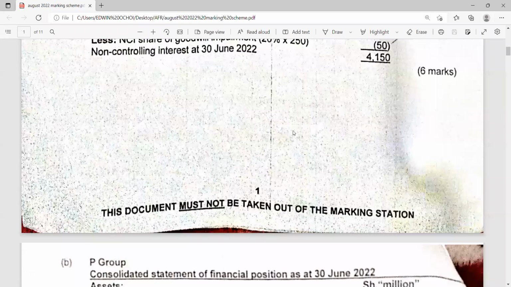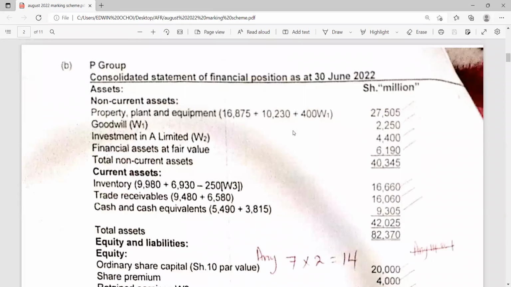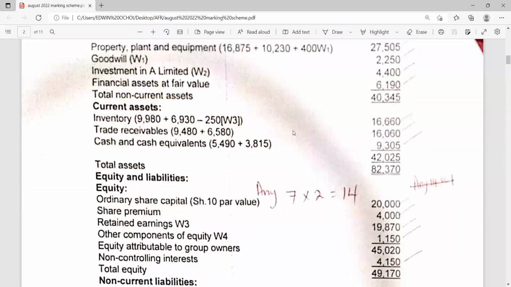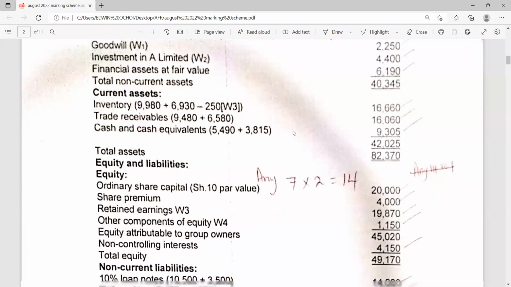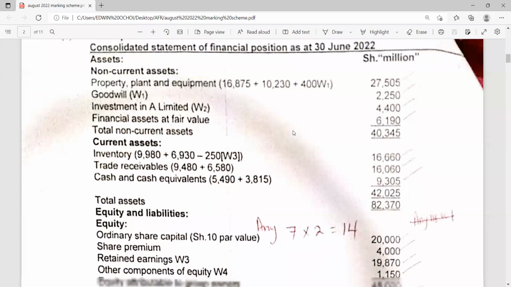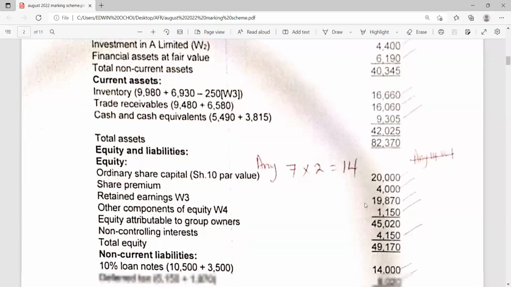Let's say, for example, this is the statement of financial position. This statement of financial position had 14 marks. So the examiner needed only 7 correct entries. He multiplies by 2, you get 14.